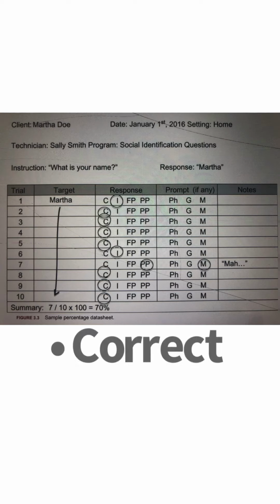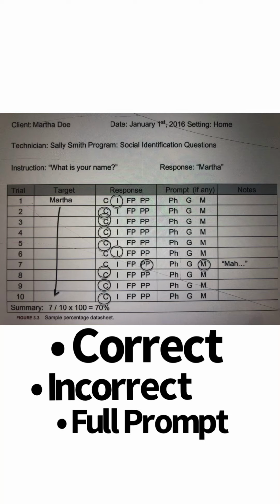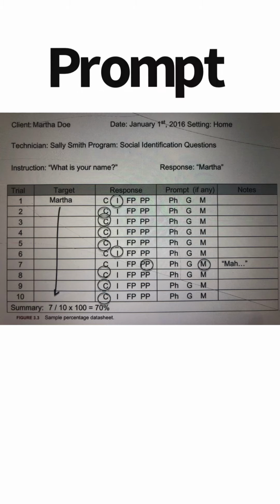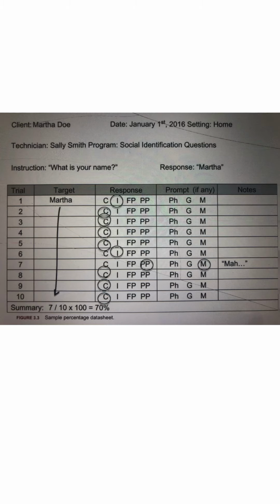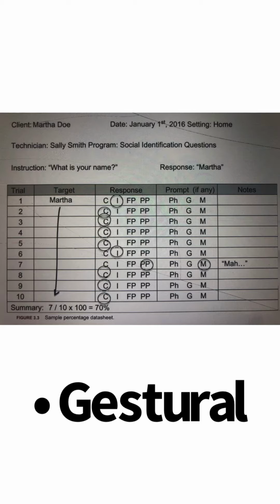Those mean correct, incorrect, full prompt, and partial prompt. A prompt in the next column, if any, is given with a PH, G, or M: PH being physical, G gestural, and M model.